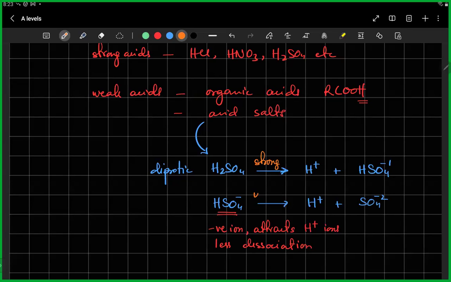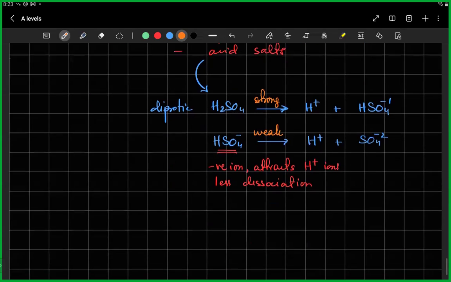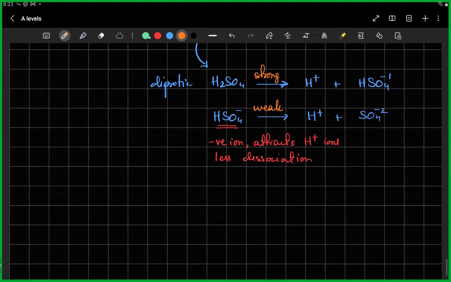When it comes to the second dissociation, it actually becomes a very weak acid. क्योंकि अब वो खुद negative हो चुका है and it will be attracting H plus one. So it would be very hard for it to actually produce more H plus one ions, right? Or similarly, there's another triprotic acid like phosphoric acid, right? So there's another one which is triprotic acid.